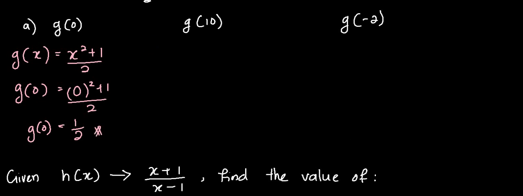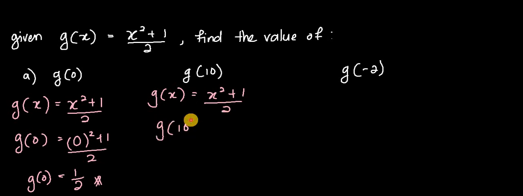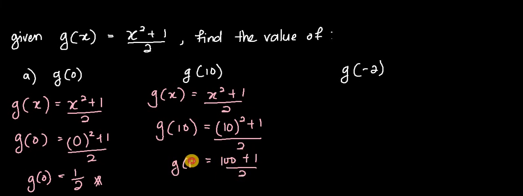Now what about g(10)? I already have the same equation, g(x) is x squared plus 1/2. So g(10) equals, wherever there's x, I'm going to substitute the 10. Here I would get 10 squared plus 1/2. 10 squared is 100, plus 1/2, so my final answer would be 100 and a half.